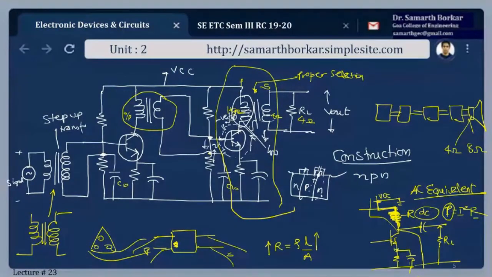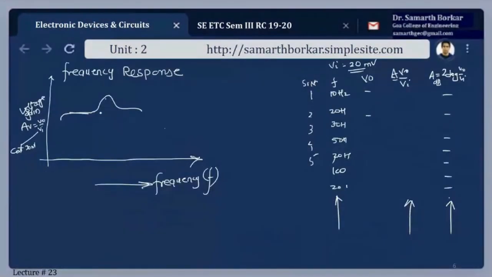Then another point here is, you see there's a slight increase at one particular frequency. And whenever such things are observed, it is referred to as resonance. And for resonance, we have to consider a capacitance and the inductance.